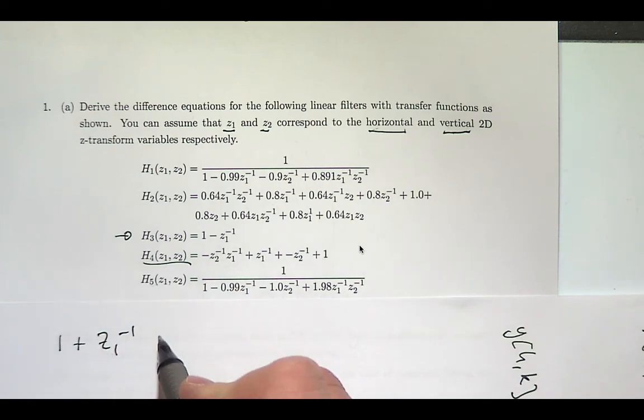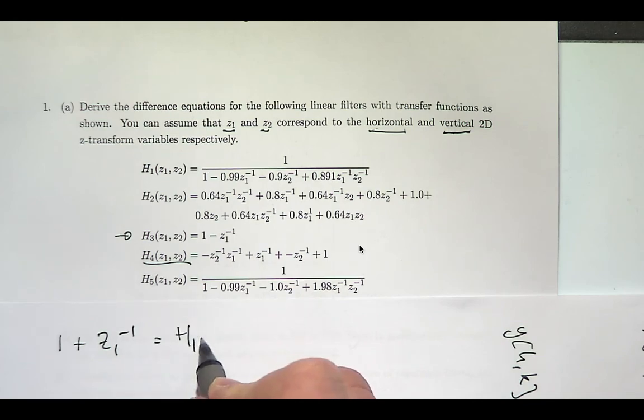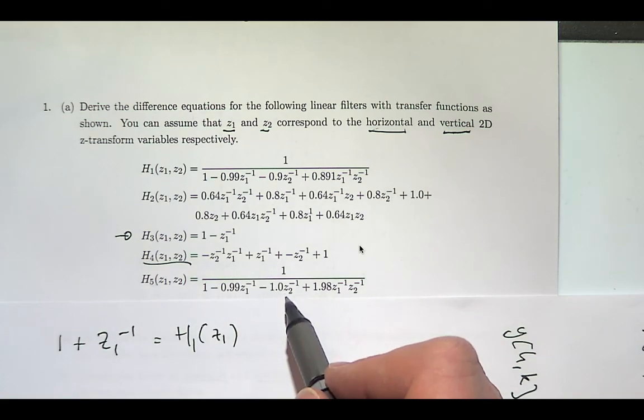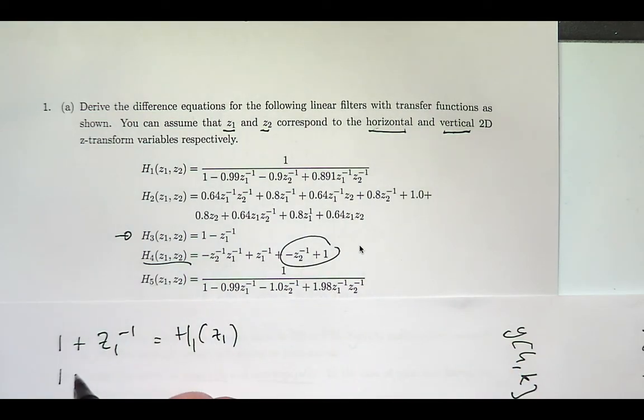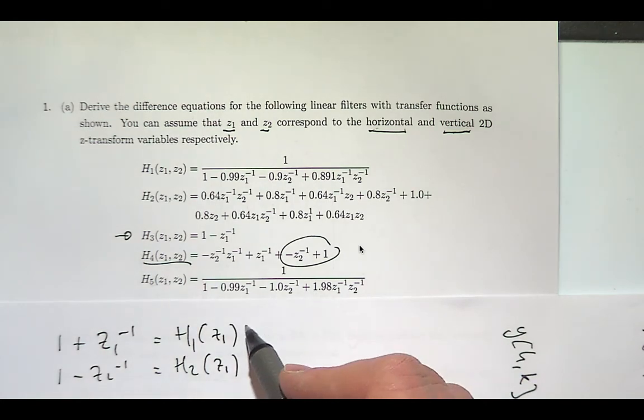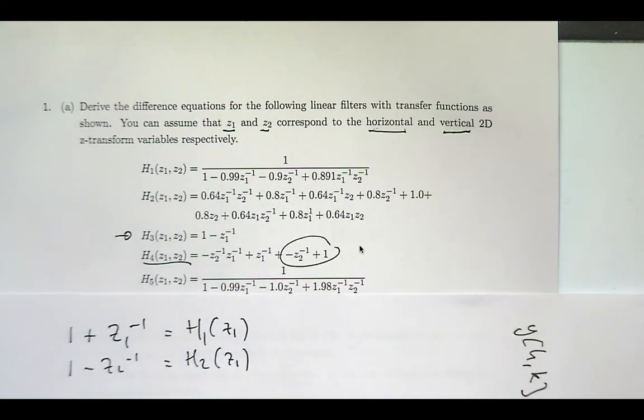So you need to try at least that as a possible polynomial, okay? And you look at all the terms in Z2, and you see that this is just 1 minus Z2 minus 1.